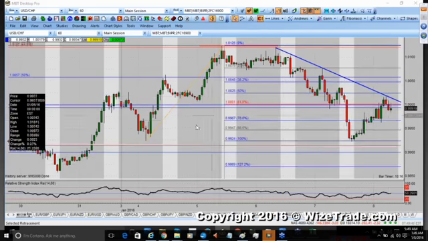Let me delete a few things. We're going to put this down as support. I don't want that to develop into a bearish wedge, but there's support. That's resistance.